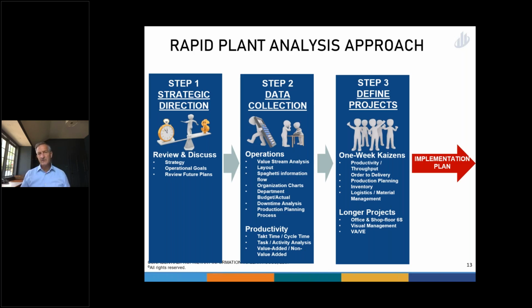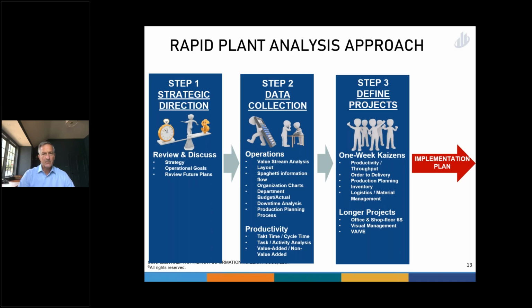And then the last step is based on all of that data collection, all those observations. We try to synthesize this down into the roadmap going forward that we need to follow to maximize the return on investment for your lean initiative. There are two parts to that. There will be a series of one-week Kaizen events.